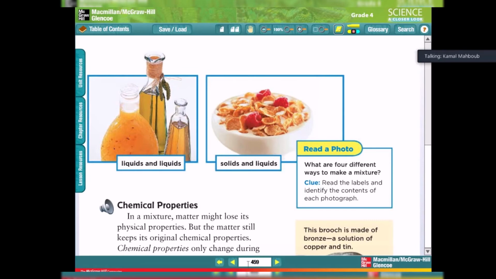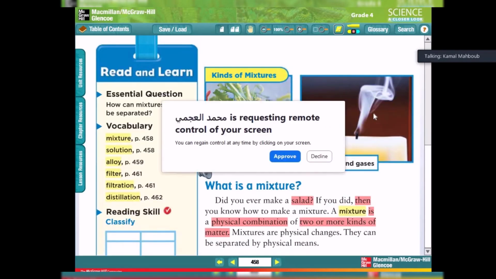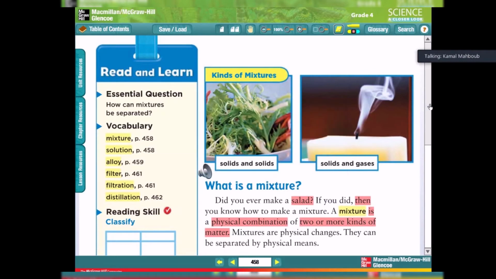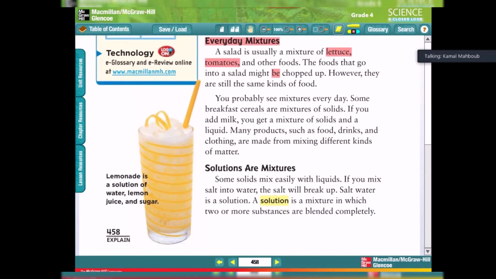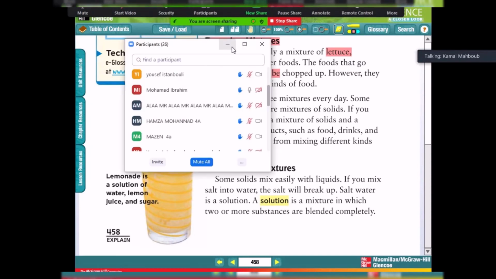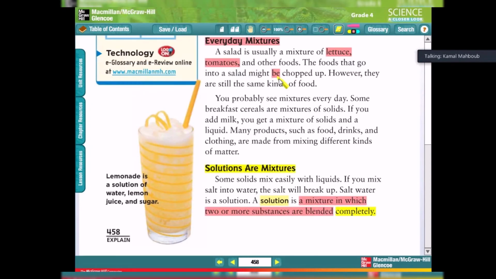Okay. Now we have different kinds of the mixture. Now let's talk more about the solution and know the difference between solution and mixture. At the beginning, you should understand that solution is a kind of mixture. Because in a solution, we have solid blended into liquid.